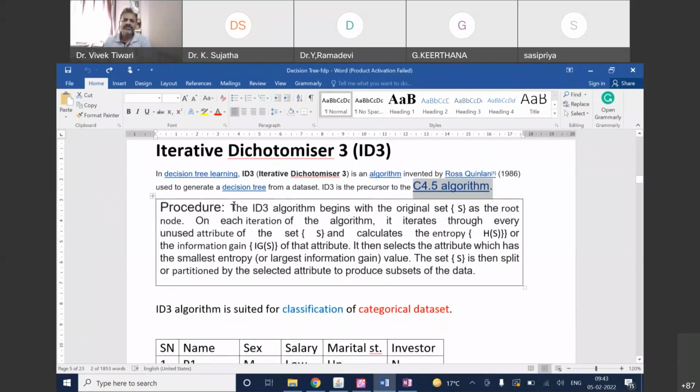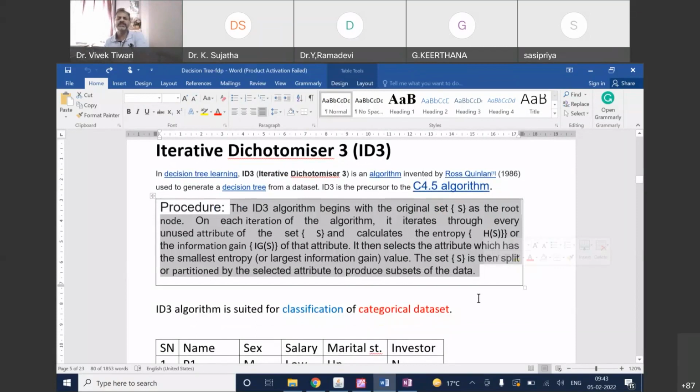If I read out the working of the decision tree or ID3, it is a bit difficult to understand. What is written is: ID3 begins with the original data set S, capital S, given to you as the root node, because the whole data set is there.